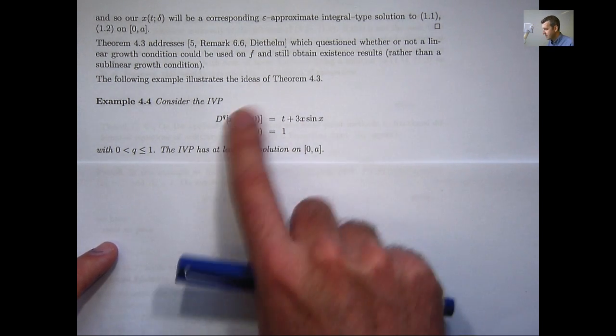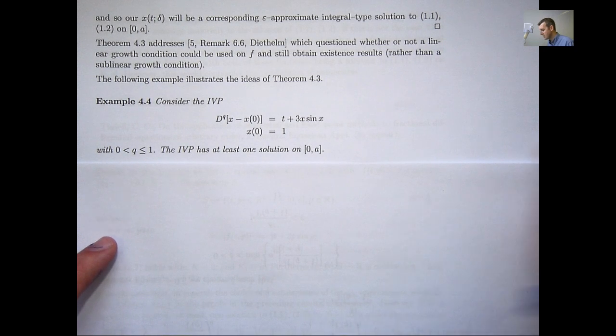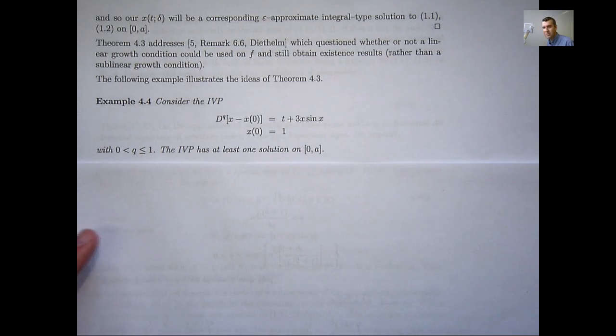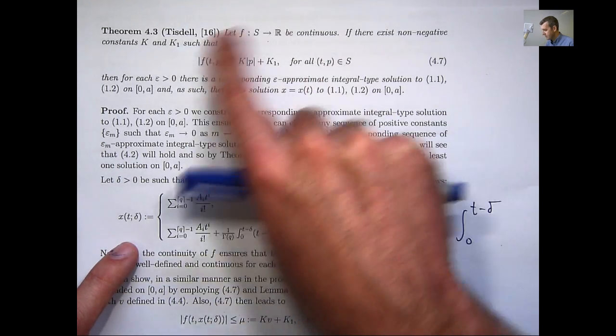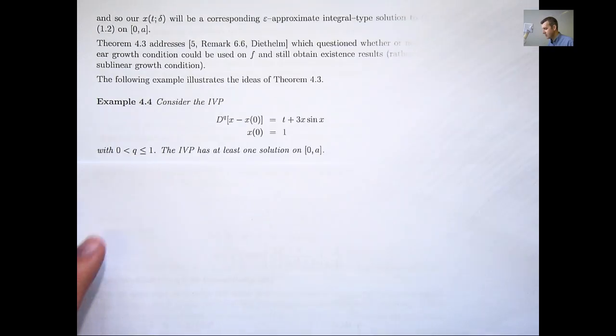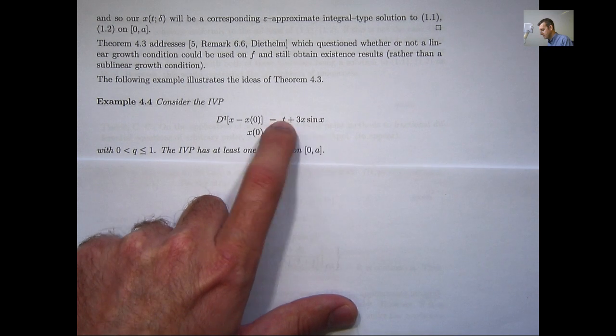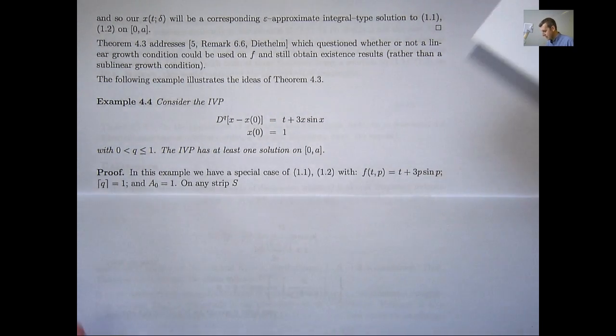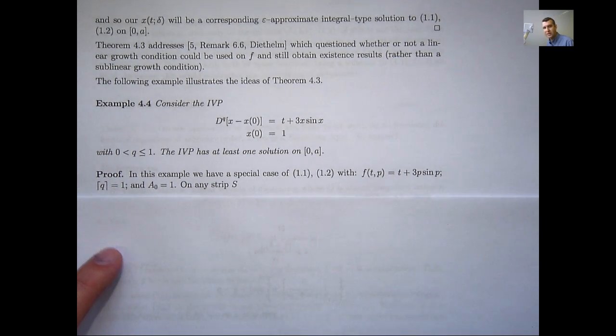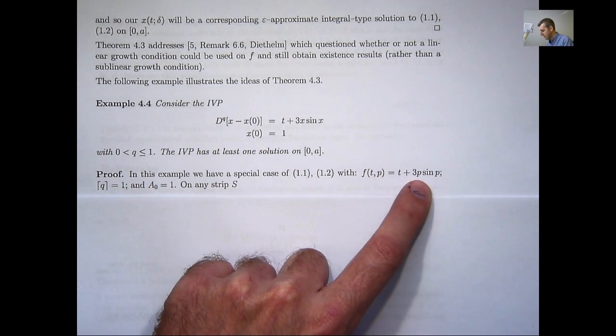And it's claimed that this initial value problem has at least one solution on any closed and bounded interval 0 to a. Okay, well, it's just a matter of showing that the conditions of this theorem are satisfied for this particular right-hand side. So we have a special case of our general initial value problem with f given by this.